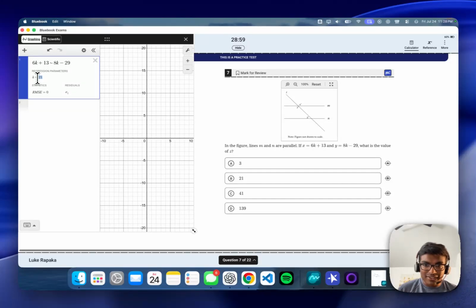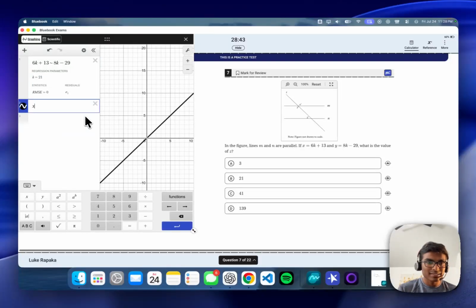So all I need to do here is figure out what the value of z is. Since I know k is 21, I can just sub this into one of these equations. Let's do x. So, 6 times 21 plus 13 equals 139, right? Z is along this line, so on the opposite.